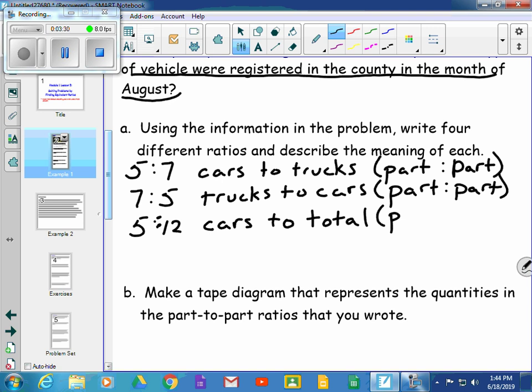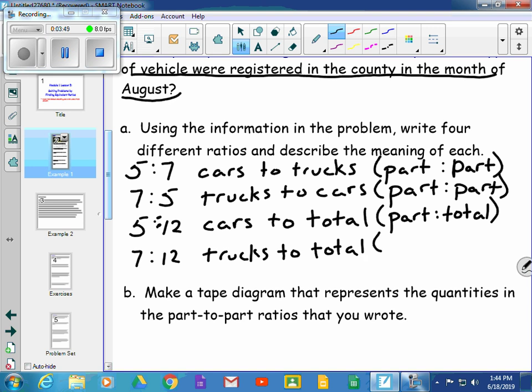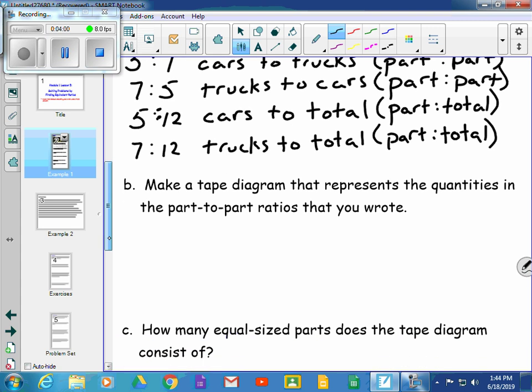This is an example of a part to total relationship, or a part to whole ratio. Another ratio that we could have is 7 to 12. And this one would compare trucks to total. Again, another part to total ratio, or a part to whole ratio. Now there are other ratios, but that's enough for us to get started here.